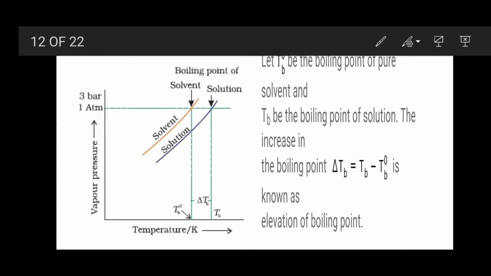When we take a solution, we add the non-volatile solute to the solvent, and this is the second graph.